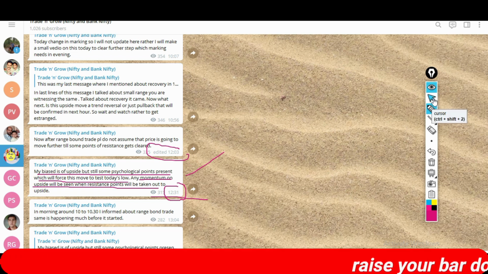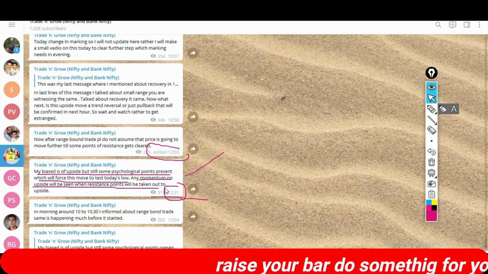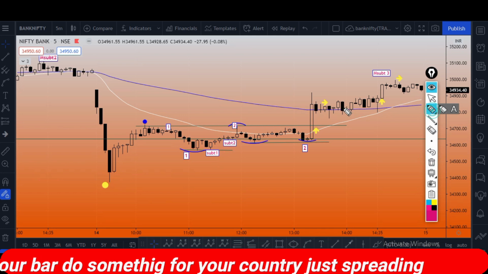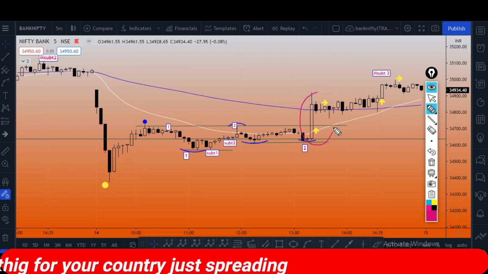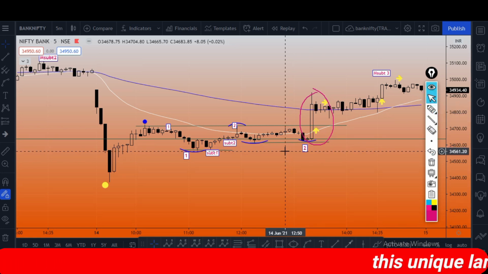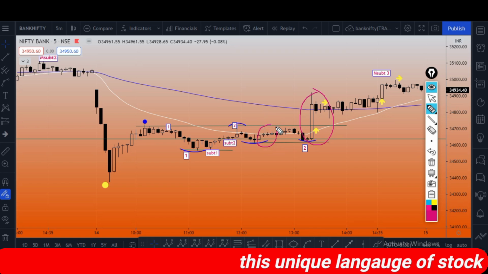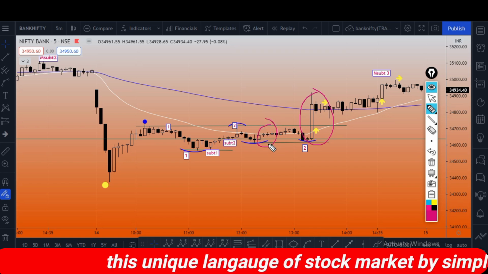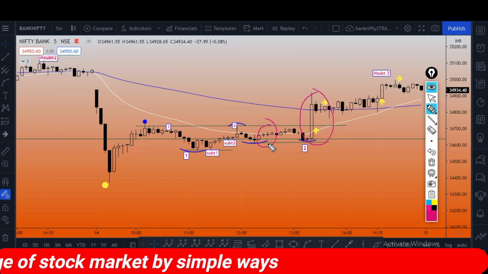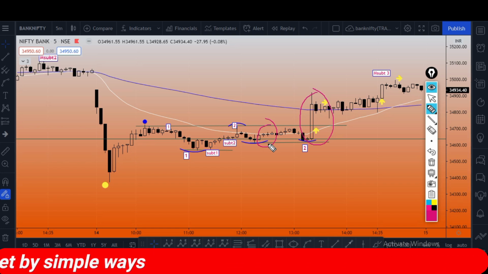Then what were the resistance points? I will show you how clearly I mentioned at 12:31, and you see here, this is the move that came at 1:13. 12:31 means around this level. I gave you the information that if the price breaks out the resistance point, then you will see the move towards the upside.